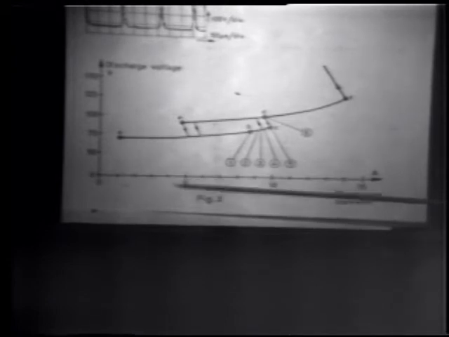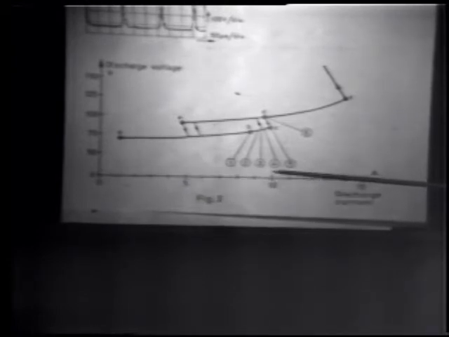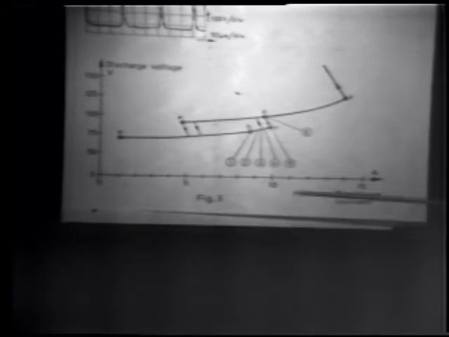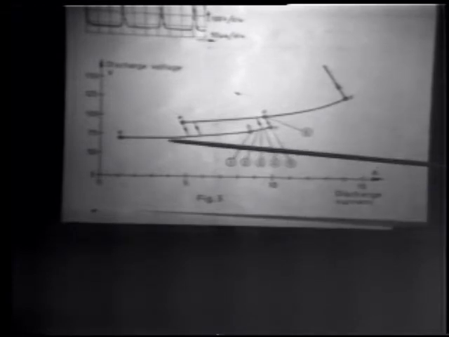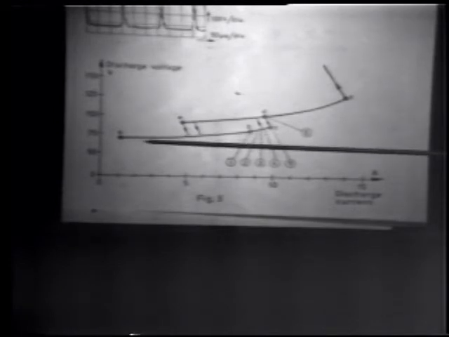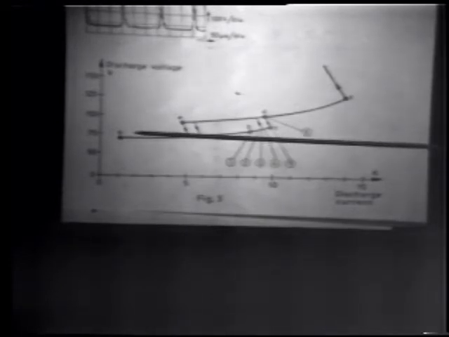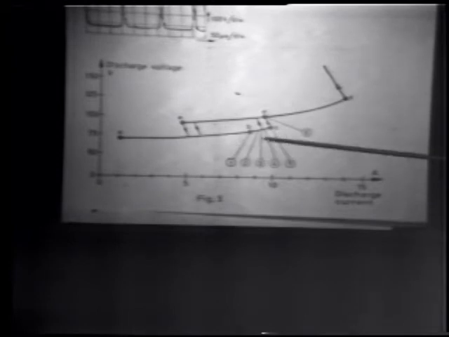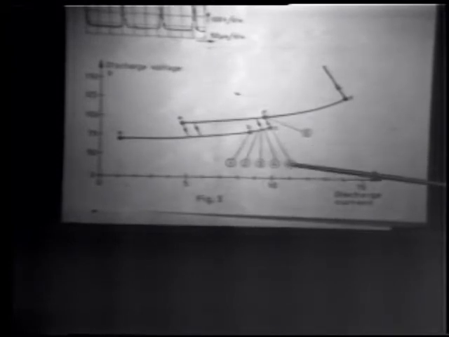You have a linear scale here with 10 amperes here. And the cross-section of the discharge is a few square centimeters. But then one can see that if you have these low currents, then you have fluctuations at various positions in the discharge, and there is no double layer.